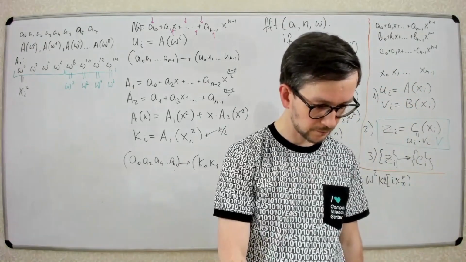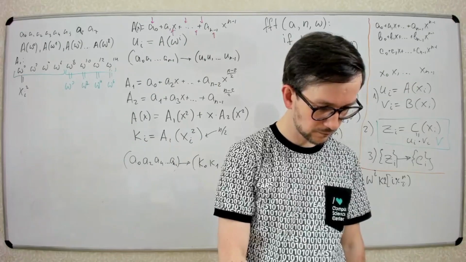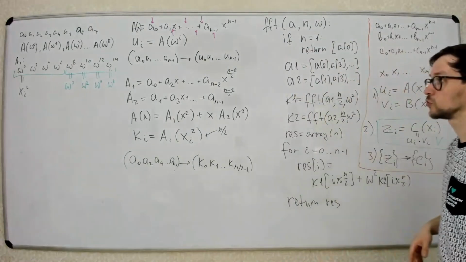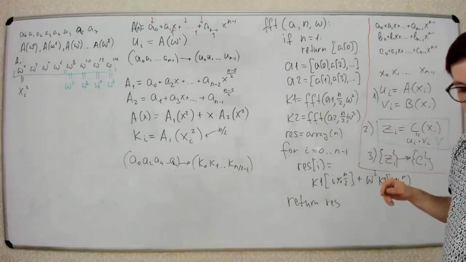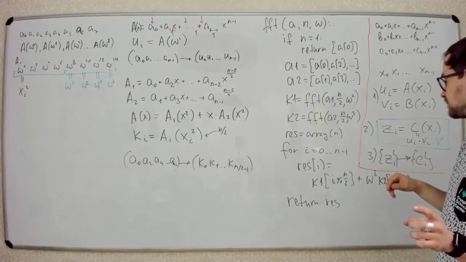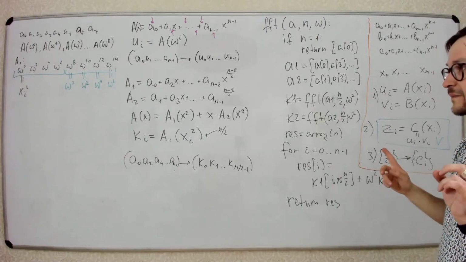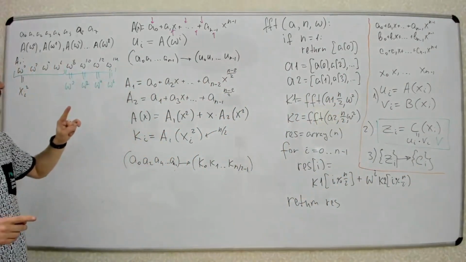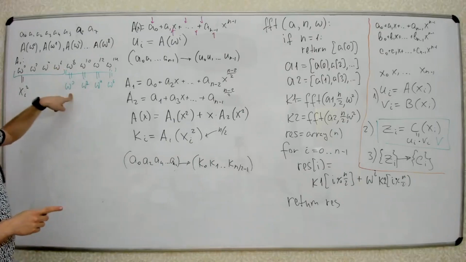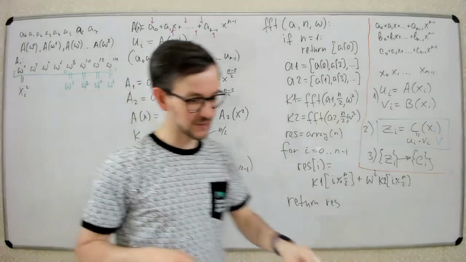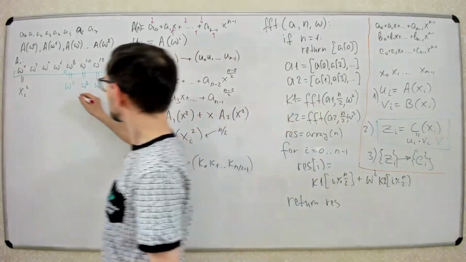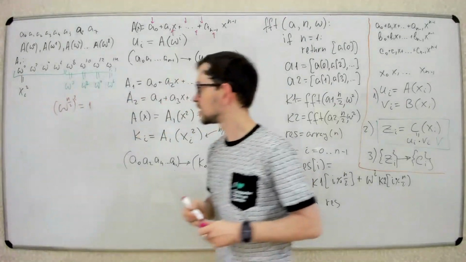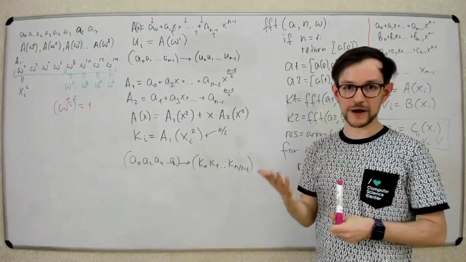Why will it work if n is not a power of 2? Because I need to split it exactly in half. Here I use that W power n over 2 squared is 1. So if n is an odd number, I cannot do this.